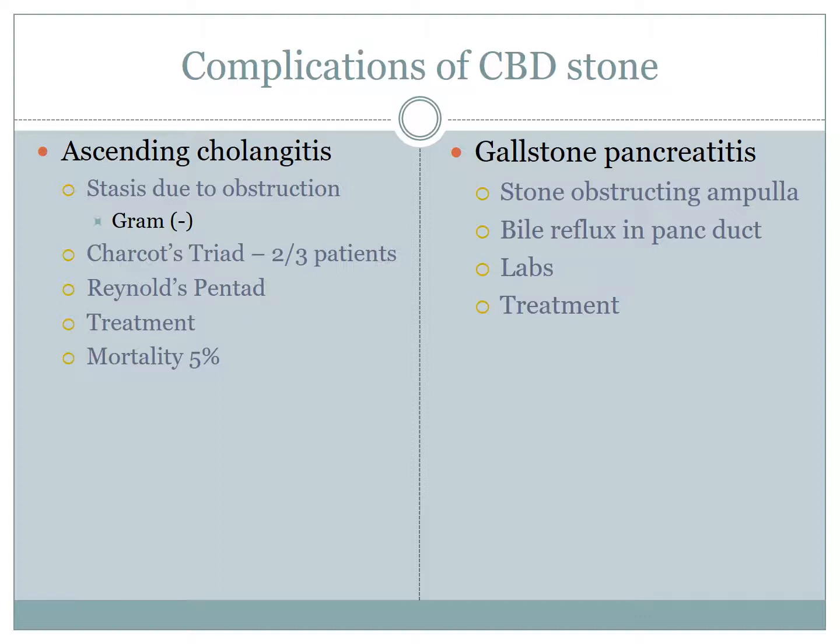These patients can be very sick and can decompensate very quickly, so your index of suspicion has to be very high and they need to be treated expeditiously. If Charcot's triad progresses to Reynolds pentad, which adds neurologic deficits and end organ damage like hypotension and instability, their morbidity and mortality is very high. So identifying these patients and getting them aggressively treated is important.